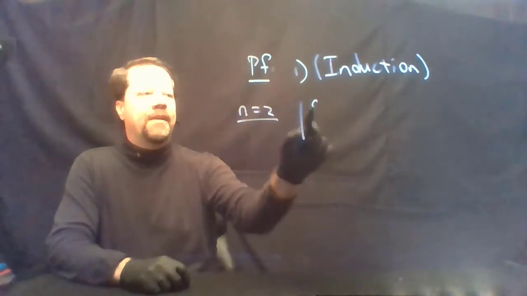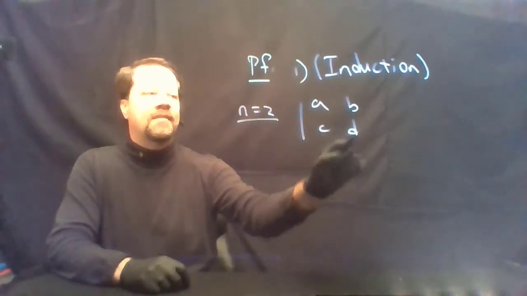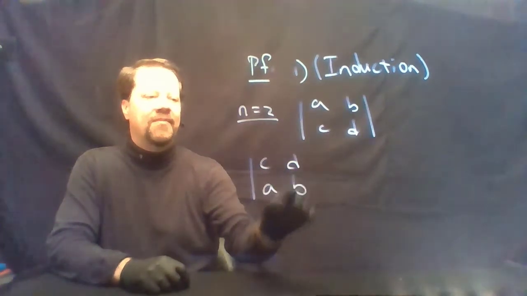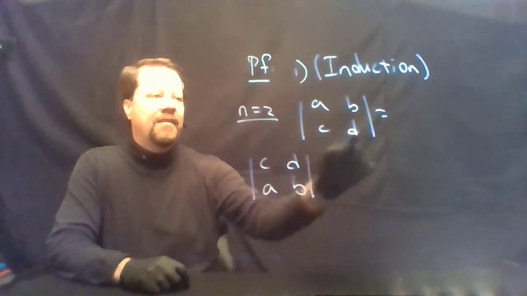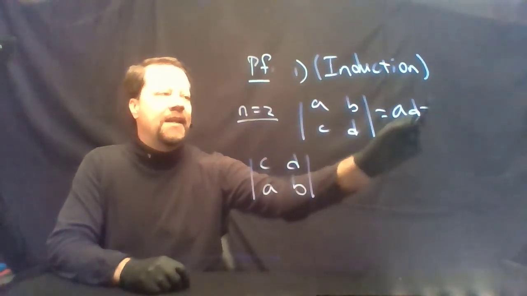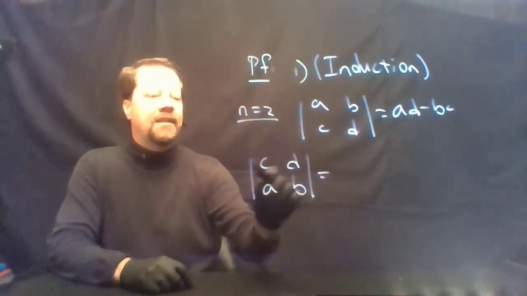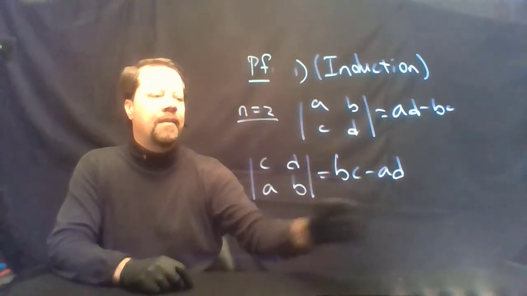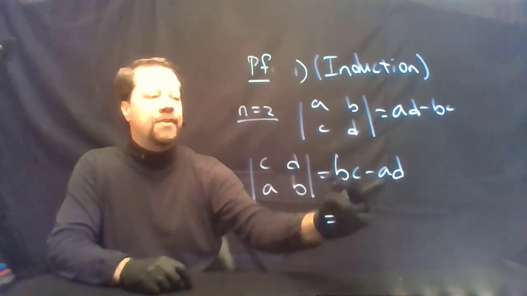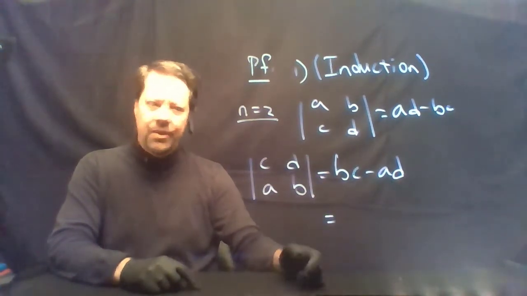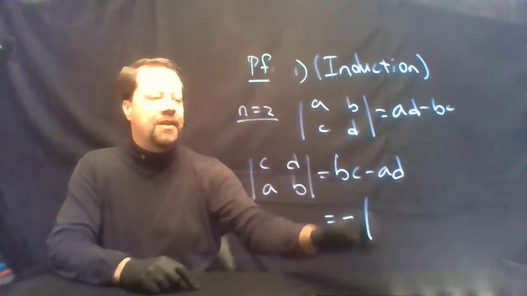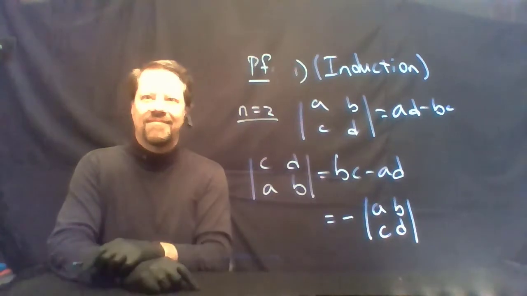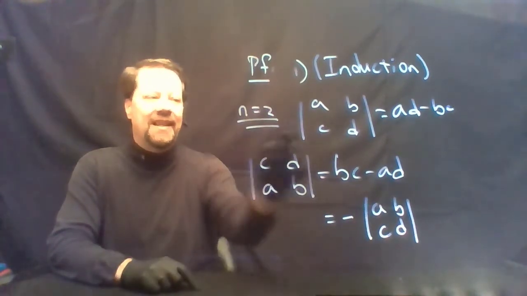So let's compare ABCD with CDAB. In the first case, we have AD minus BC. In the second case, you have BC minus AD. When you reverse the order of the subtraction, you get a minus sign. So this is minus the determinant of ABCD. And the theorem is true in the n equals 2 case.